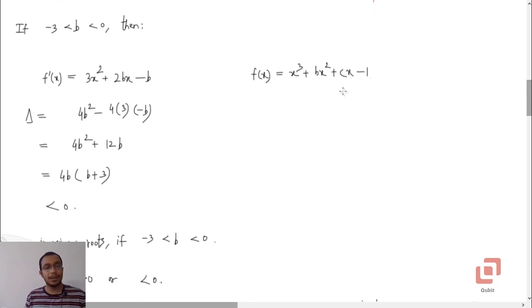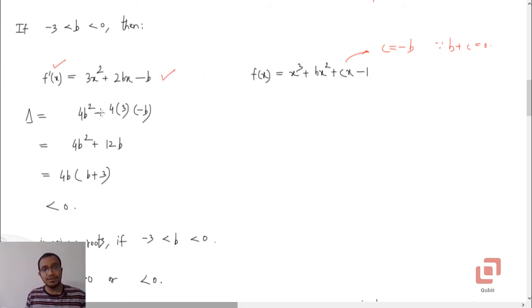Alright, now if b lies between -3 and 0, then first let us differentiate the given function, which is x cubed plus bx squared plus cx minus 1, and provided that c is equal to minus b because b plus c is 0. So differentiating f, we are going to get 3x squared plus 2bx minus b.